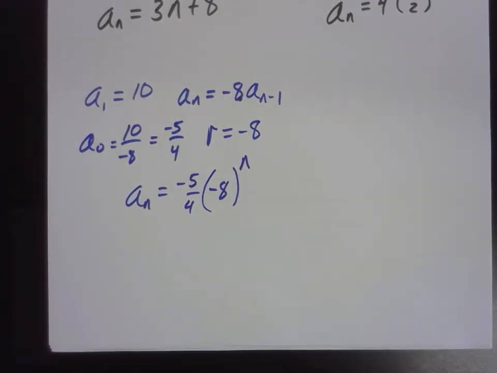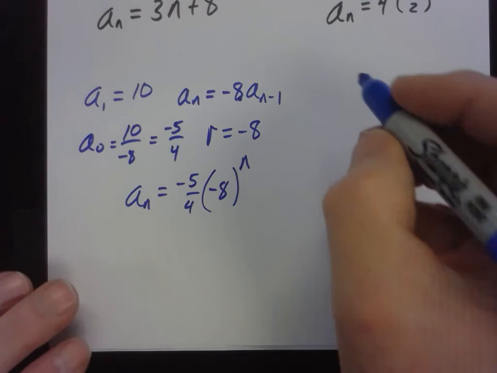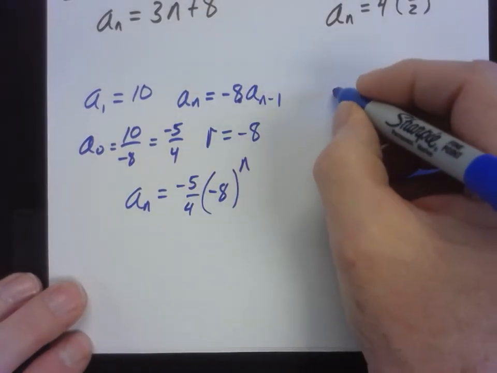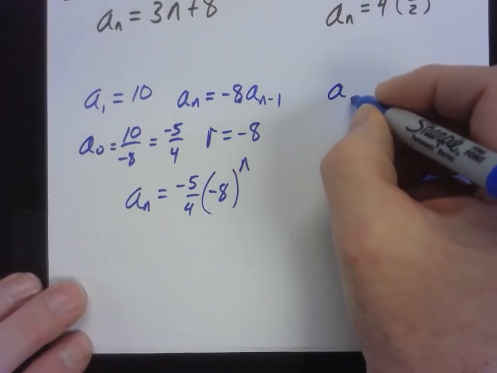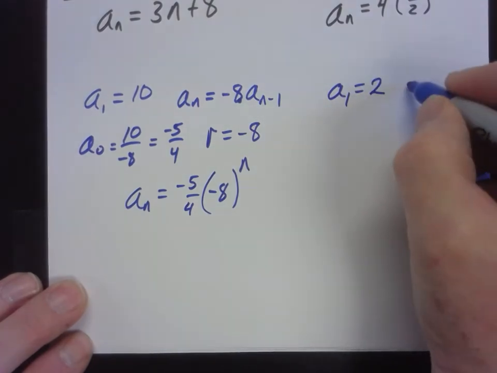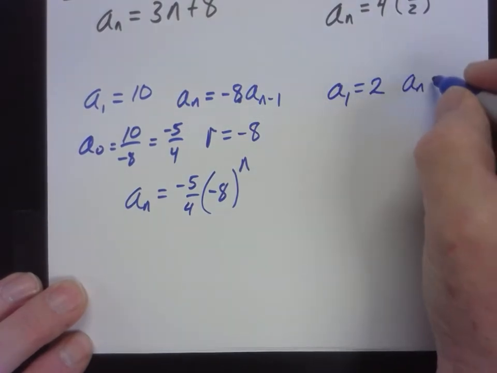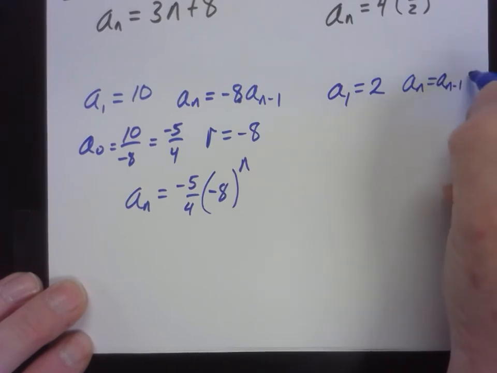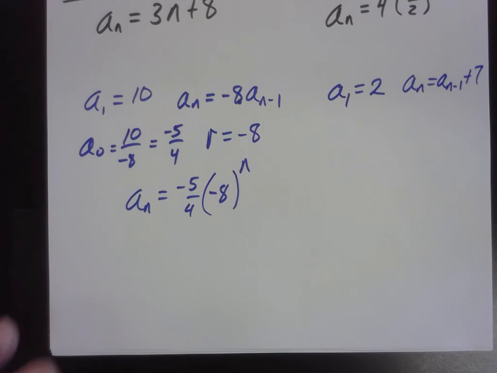Okay? So here's another one. Here's a recursive rule. I'll tell you a sub 1 right now is 2, and a sub n is equal to a sub n minus 1 plus 7. Geometric or arithmetic? It's arithmetic. It's plus 7 every time, right? What's the common difference? What's the slope? 7.